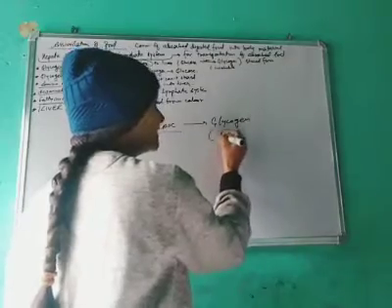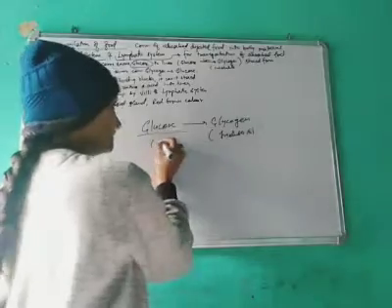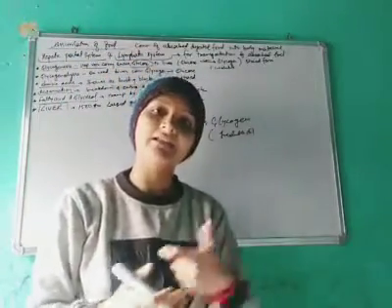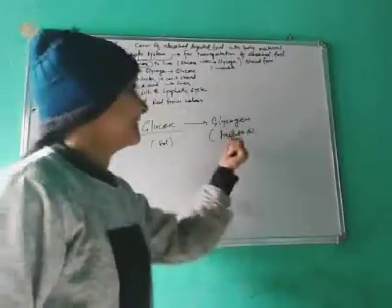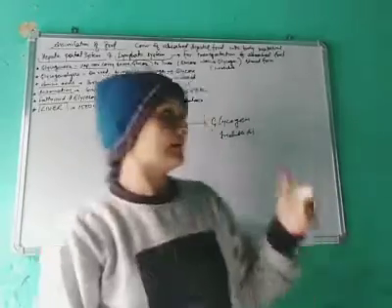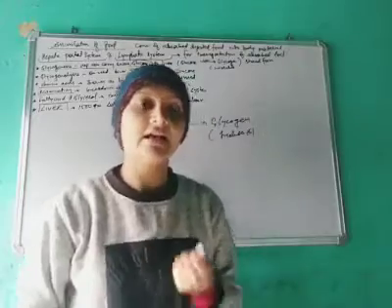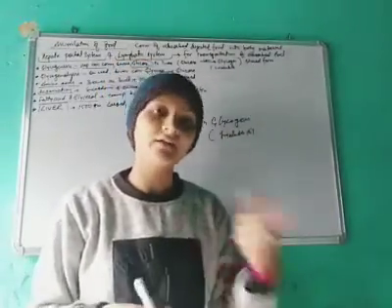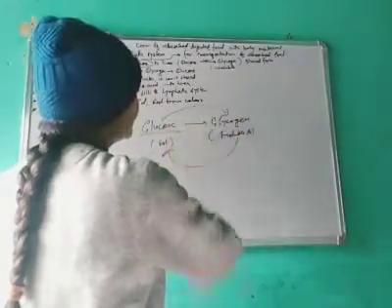Glycogen is an insoluble form. Glucose is soluble in our blood, and it is then used by the cells during cellular respiration. But glycogen is insoluble, so when the liver gets excess glucose, it converts it into glycogen so it can be stored there.